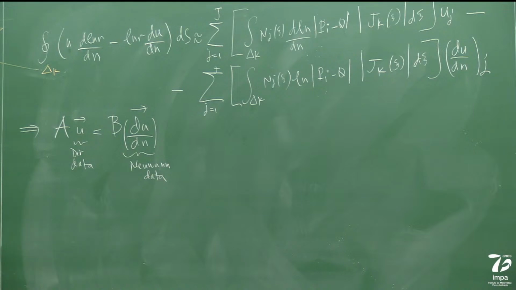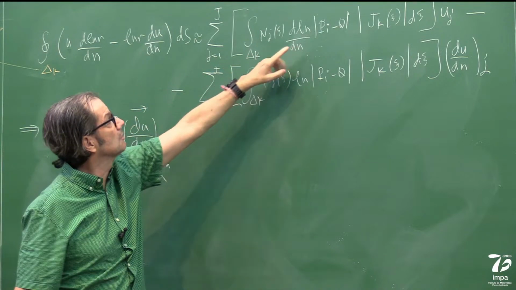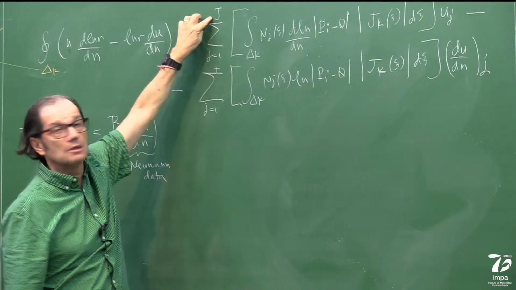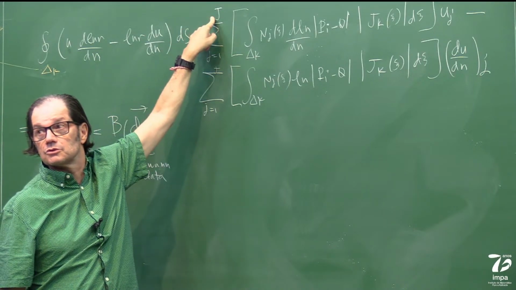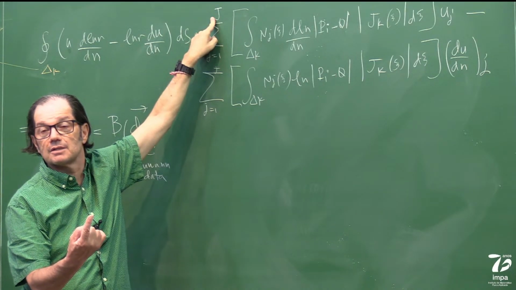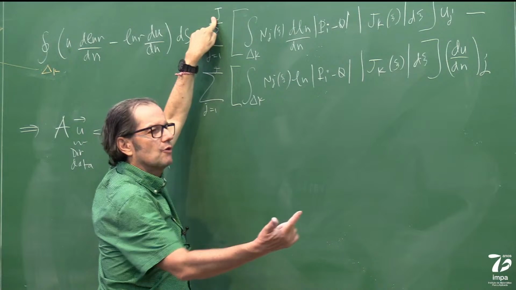So let me tell you how I'm reading this, and that's why I was checking the I's and the J's. The I is fixed here, and if I have things right, the J is running from 1 to all the points in that element, right? But then I'll have the other points from the other elements and so on.